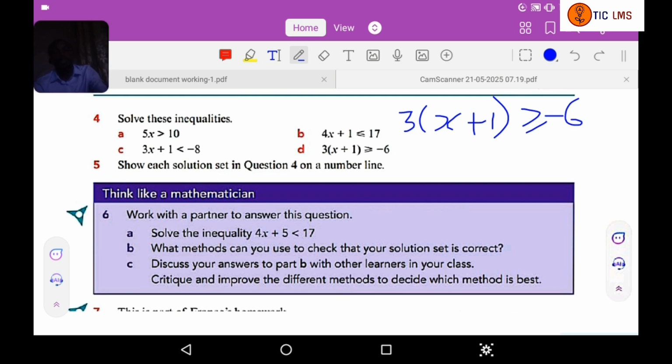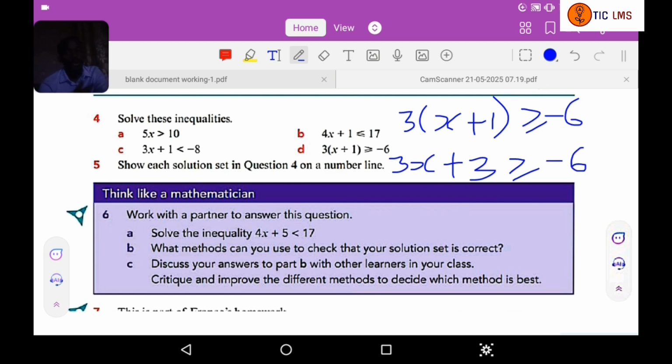We're going to use 3 to multiply each of what we have inside the brackets. So we're going to have 3 multiplying x, that will be 3x, plus, and then 3 times 1, that makes 3, greater than or equal to negative 6.